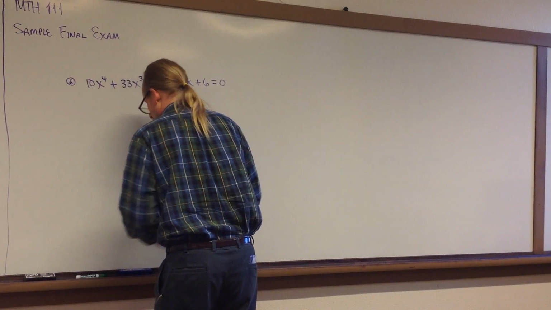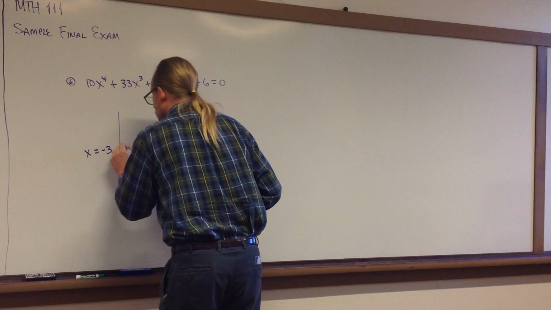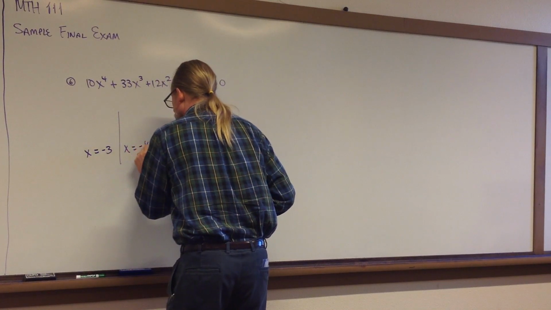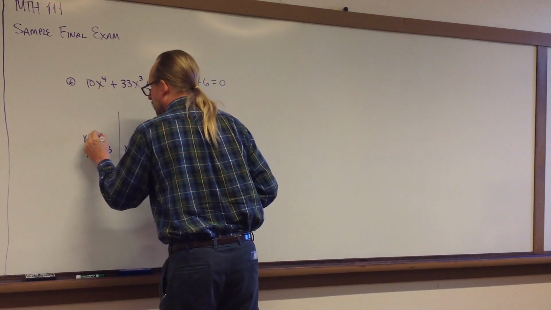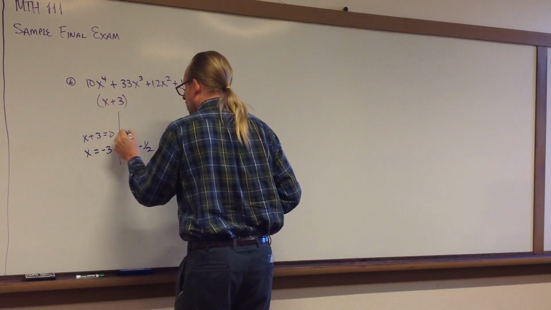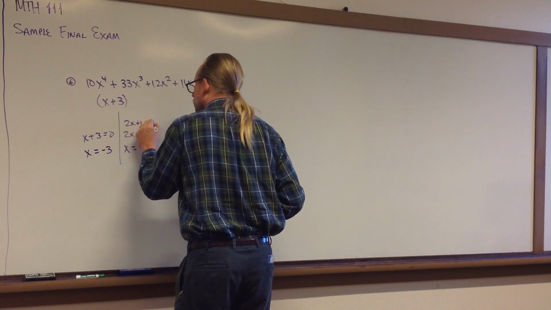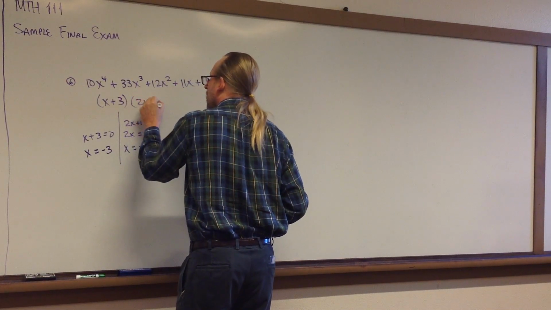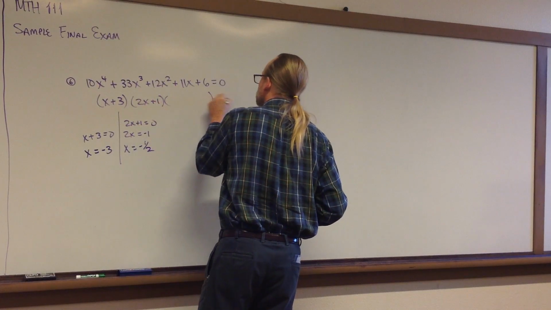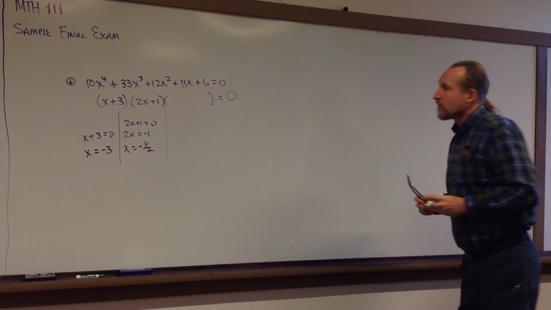So x equals -3, x equals -1/2. So one factor will be x plus 3. Another factor will be 2x plus 1. And then we'll do the synthetic division to find the missing factor.